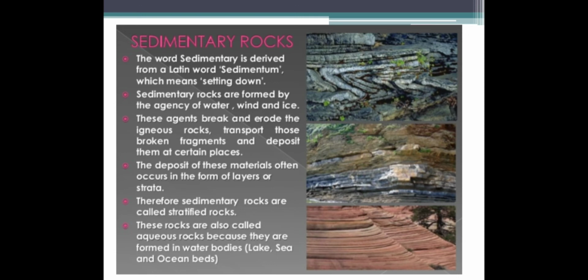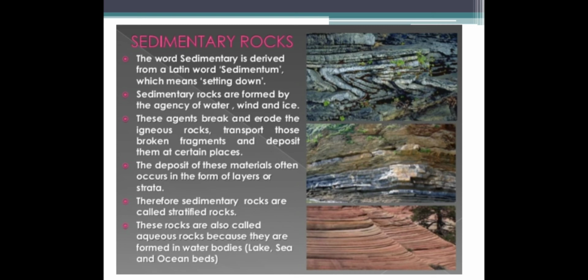Sedimentary rocks are formed by the agency of water, wind and ice. These agents break and erode the igneous rocks, transport those broken fragments and deposit them at certain places. The deposit of these materials often occurs in the form of layers or strata. Therefore, sedimentary rocks are also called stratified rocks.